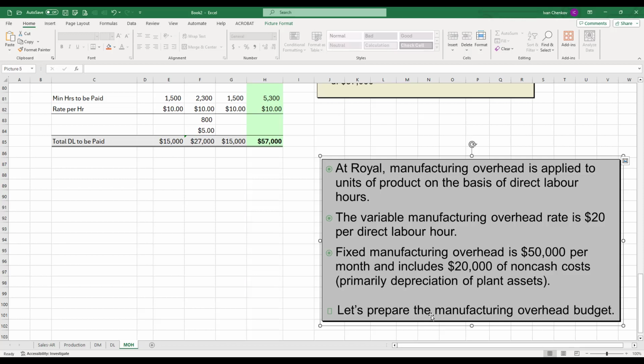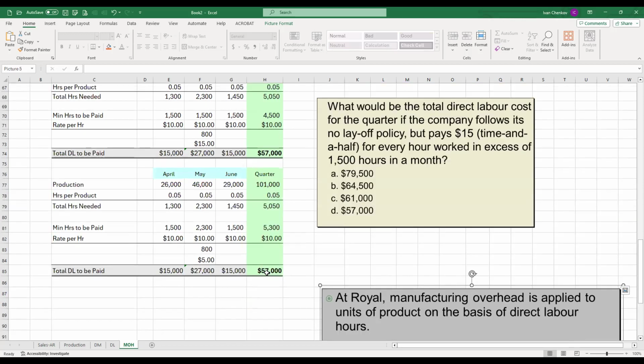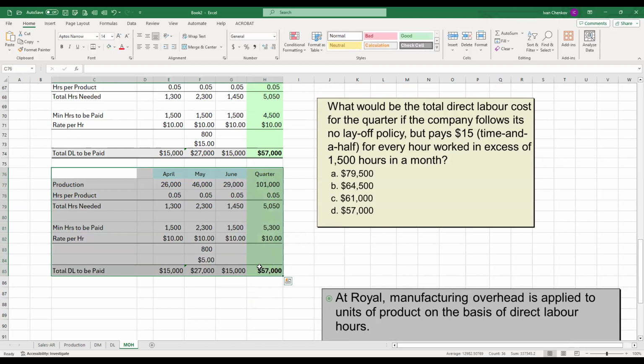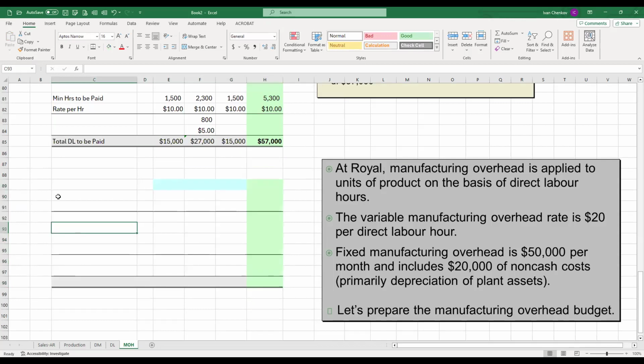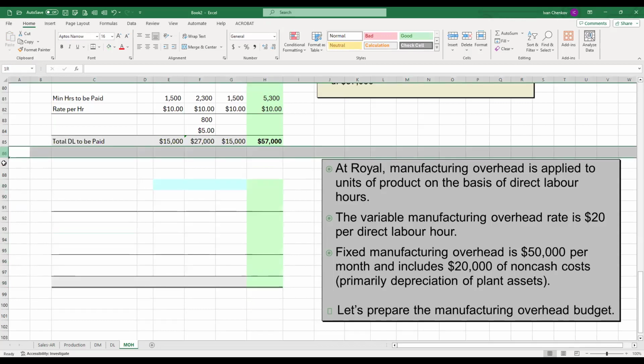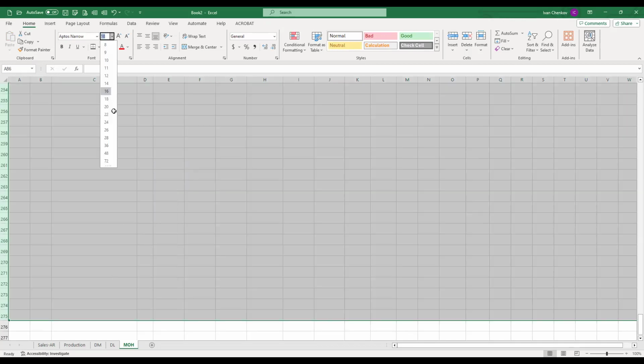We need to prepare the manufacturing overhead budget. For the manufacturing overhead budget, I can use this format here.